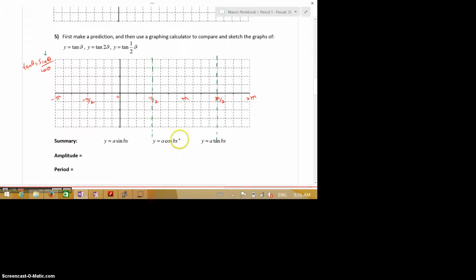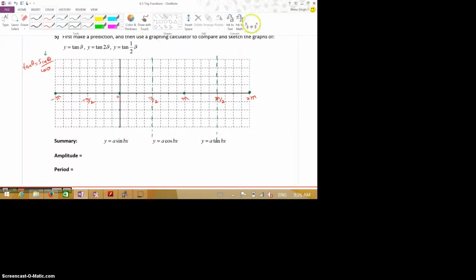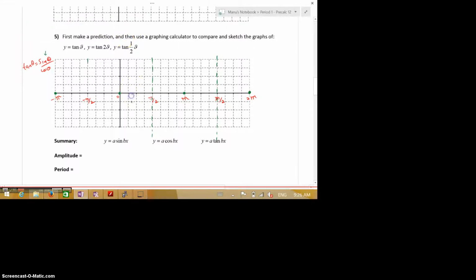Sine is 0 at 0, pi, and 2 pi. Similarly, at -pi, I'm going to have a 0, and at -pi over 2, I'm going to have an asymptote. Right, so the asymptotes and zeros can be decided just by looking at the ratio, sine over cosine.